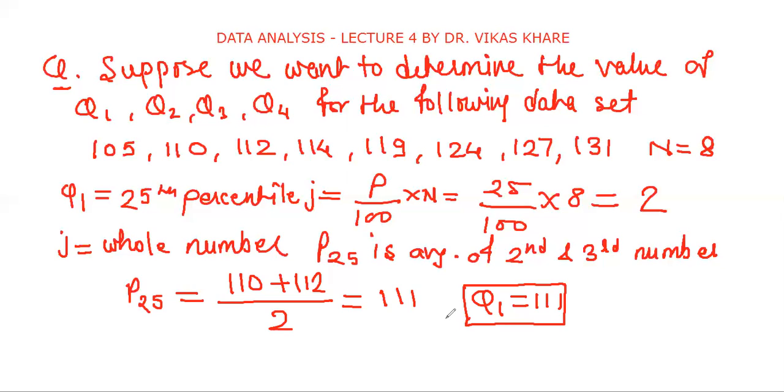So the value of P25 is the average of the second and third number. According to the data, the second and third numbers are 110 and 112. So P25 is equal to 110 plus 112 divided by 2, which is 111. So the value of Q1 is 111. Again, J equals 25 by 100 into 8, which is 2, a whole number. Then P25 is the average of the second and third number, 110 plus 112 divided by 2, so the value of Q1 is 111.